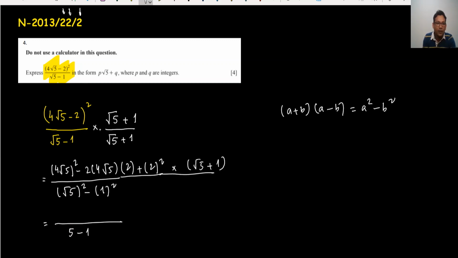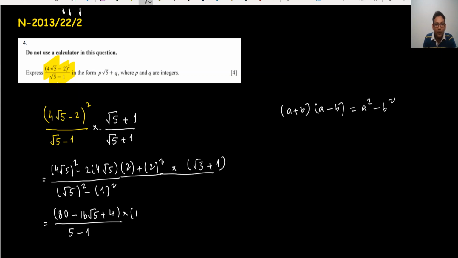Let's see. This 4 square is 16 into 5. Actually, you can use the calculator for this part, because we just have to find the result. You can write 80 here. And here you can calculate 2 times 4, 8, to 16 under root 5, but you cannot put the whole value in the calculator to get the answer.